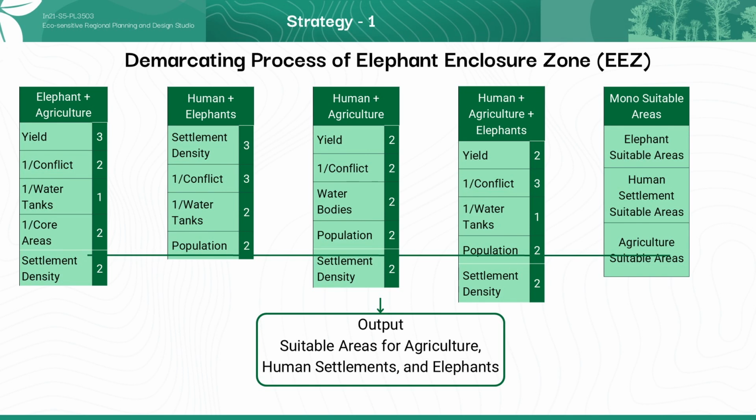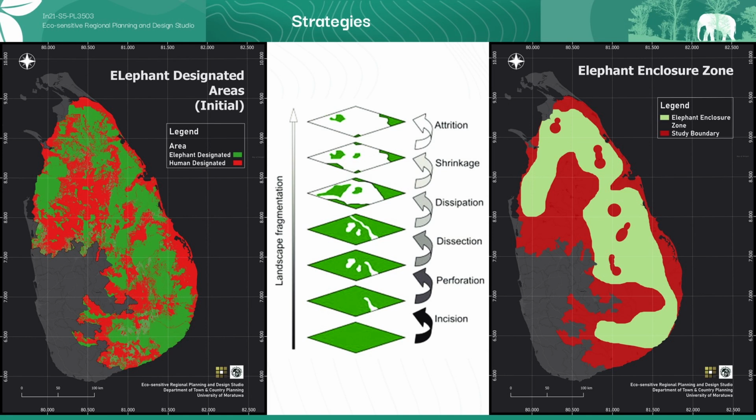For the demarcation process of our elephant enclosure zone, we have considered different parameters for the different overlays. We have weighted those parameters and got the final output of areas suitable for human settlements and elephants.